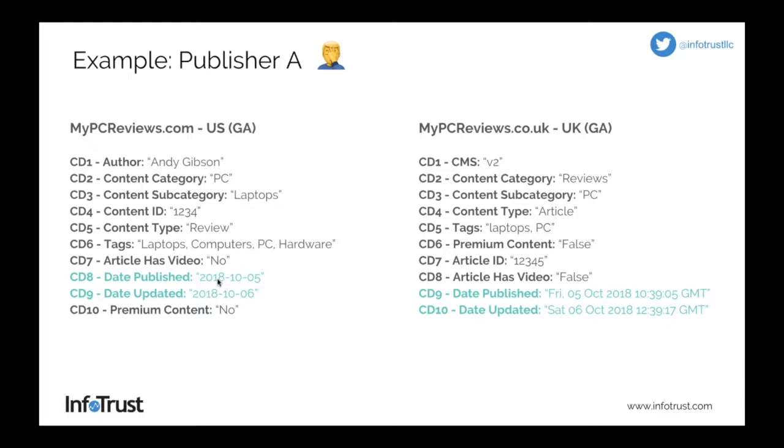On the left-hand side, they're sending in year, month, day format. On the right-hand side, they're sending in a timestamp. So again, comparing this is going to be confusing. You're going to have to format one of these into the other to be able to compare and contrast. So not ideal. And another piece is they're collecting if it's premium content or not. Separate values meaning the same thing, so no versus false, and they're also in different slot numbers.